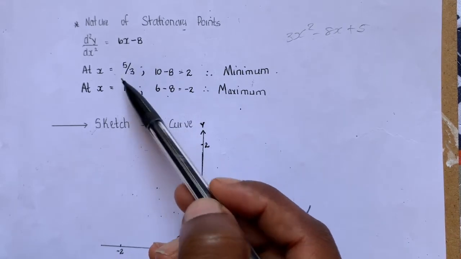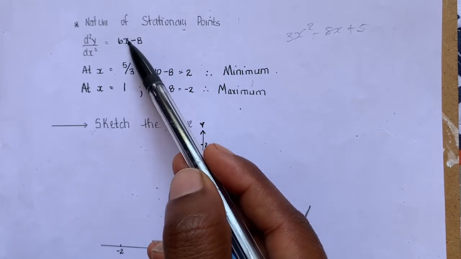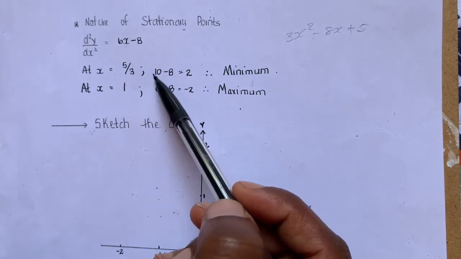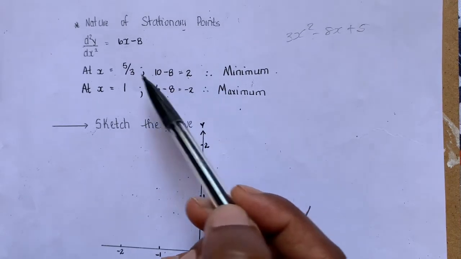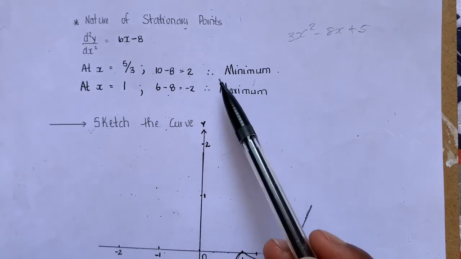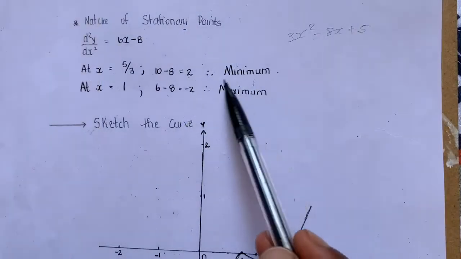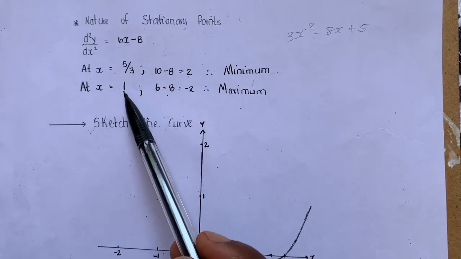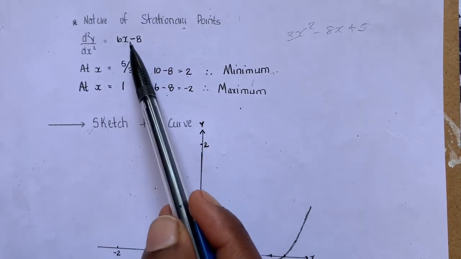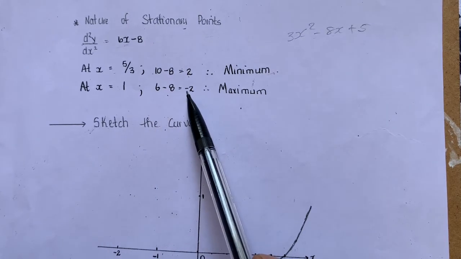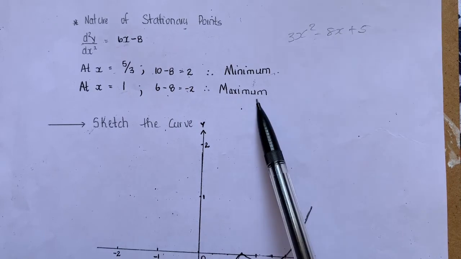So when 5 over 3 is plugged in place of x, 6 times 5 over 3 is 30 over 3, which is 10, and our minus 8 gives us a positive 2, making the stationary point where x is equal to 5 over 3 a minimum. When the 1 is plugged into the second derivative, 6 times 1 is 6 minus 8, which is a negative 2. So at x equal 1, the stationary point is a maximum.